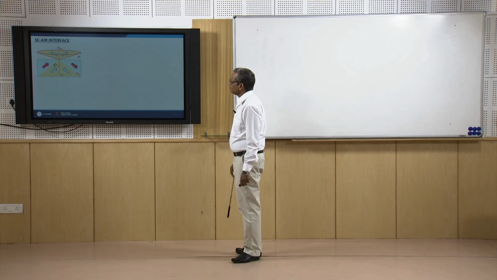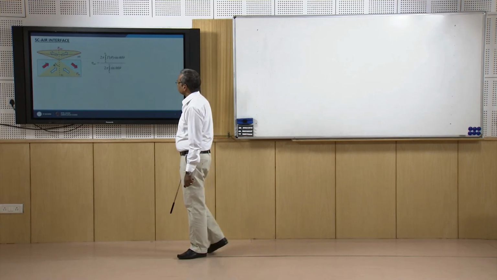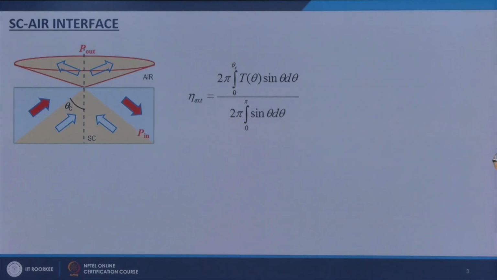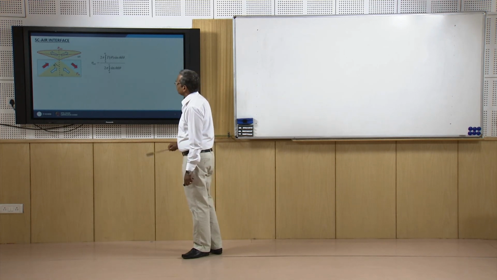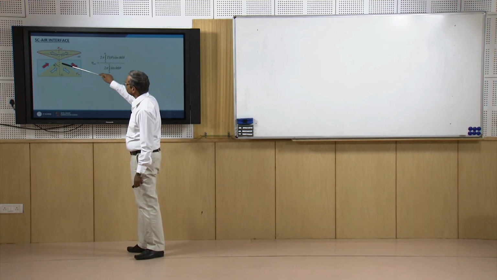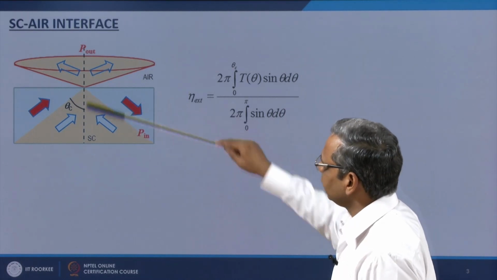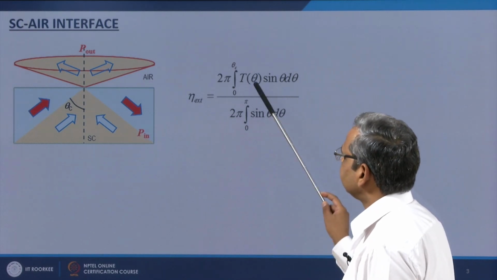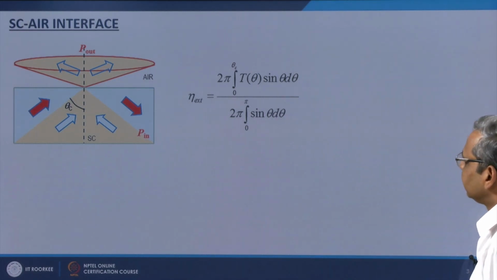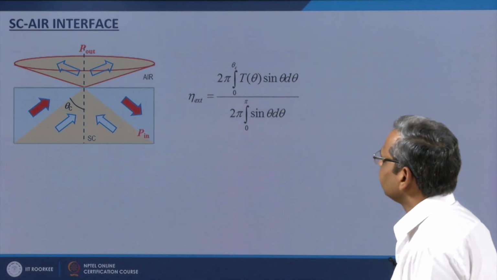So, let us work out what fraction of P_INT will come out. This fraction, eta external, can be calculated like this. If I have a transmission coefficient from semiconductor to air for refracted light as T(theta), then the light in this cone from 0 to theta c will come out.